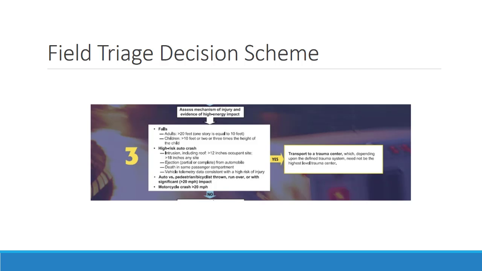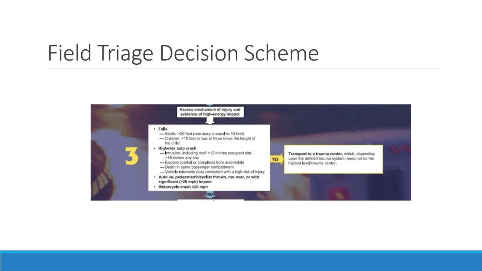In step 3, we see some mechanisms of injury. If a patient is not applicable to step 1 or step 2, then we look at step 3, which are the various types of injuries, such as falls and the distance that they fell, both adults and children.